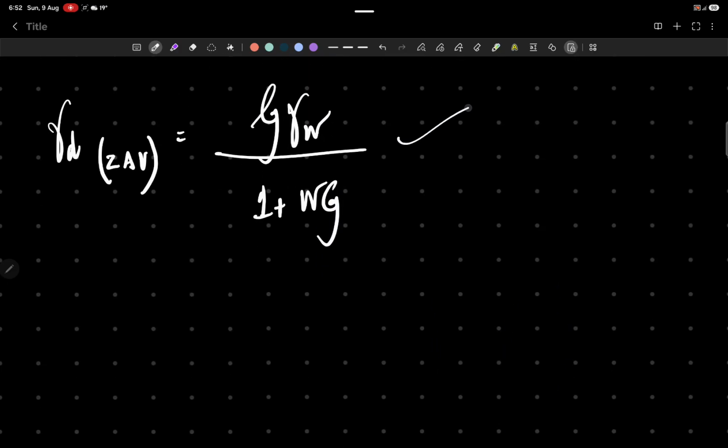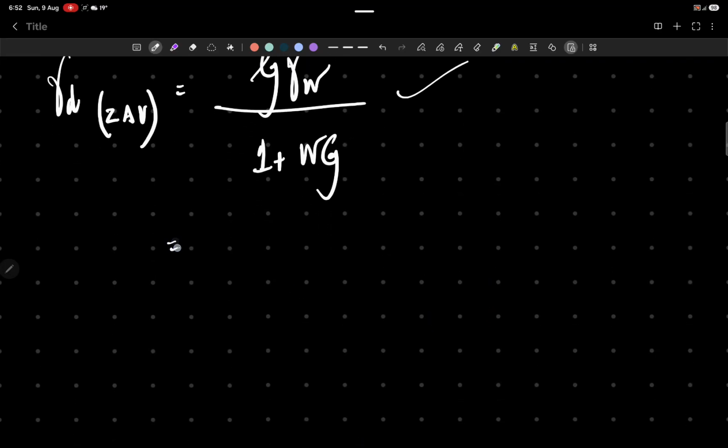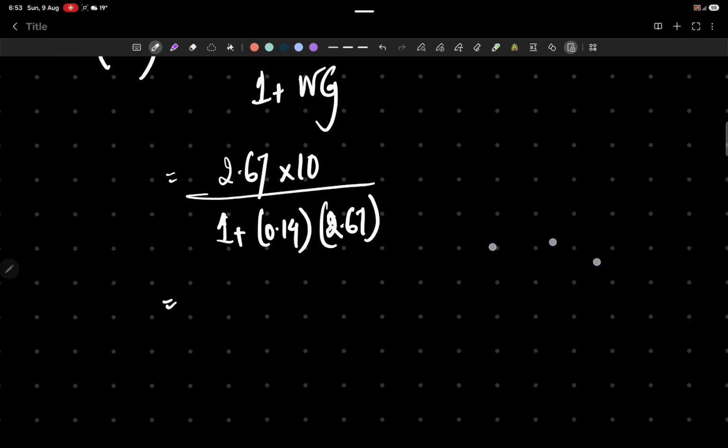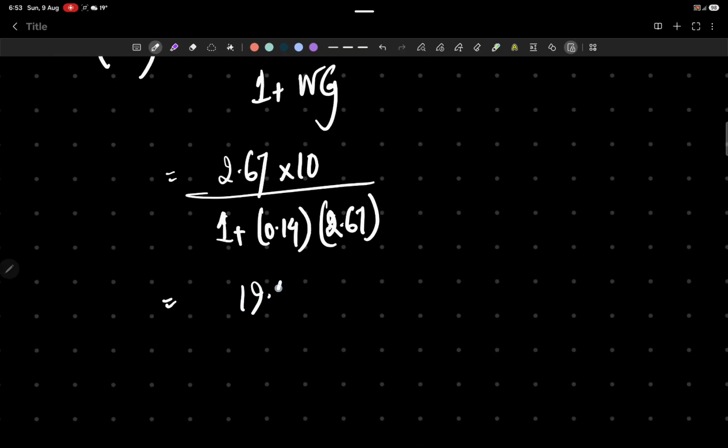This is the dry unit weight at 0 air voids. G is 2.67. Unit weight of water is 10 kilonewton per cubic meter. 1 plus water content, which is 14%, and the specific gravity of solid particles is 2.67. By calculations, this is equal to 19.44 kilonewton per cubic meter.